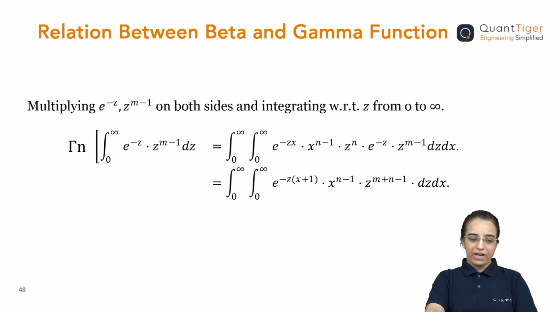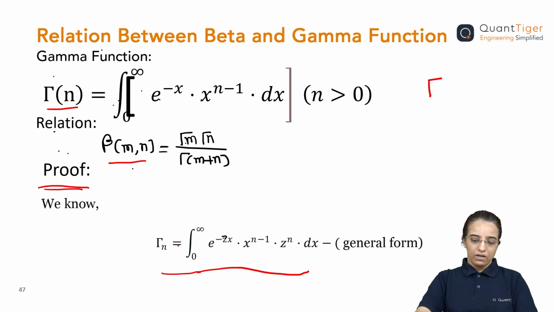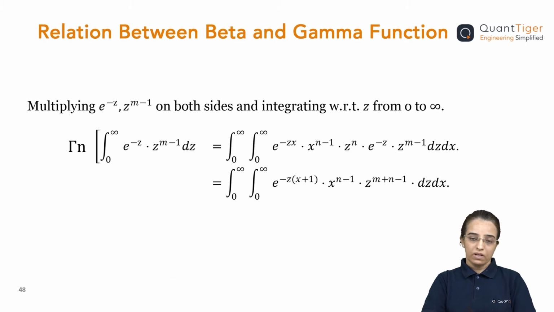Now what we can do, in order to find the relationship between gamma and beta function, लेफ्ट हैंड साइड जो भी है और राइट हैंड साइड जो भी है वहाँ पे हम e raised to minus z, z raised to m minus 1 से मल्टीप्लाई करेंगे और उसका इंटीग्रेशन लेंगे with respect to z within the limit 0 to infinity.